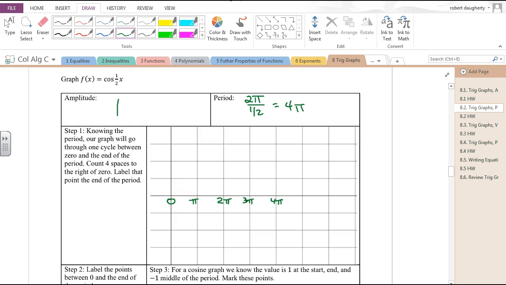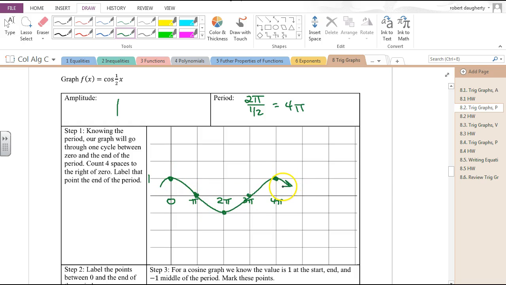This is a cosine function. What does a cosine start at? Starts at 1. What does it end at? 1. Halfway in between, it's where? -1. Halfway between those 2 points? 0, 0. So if it helps to make it sort of curvy, do it like this.